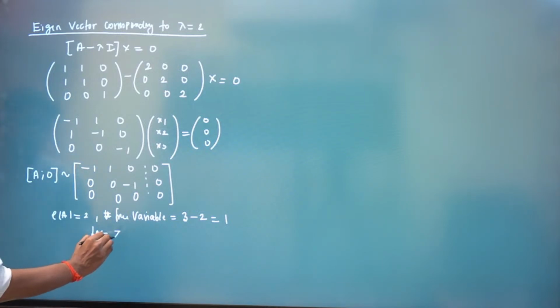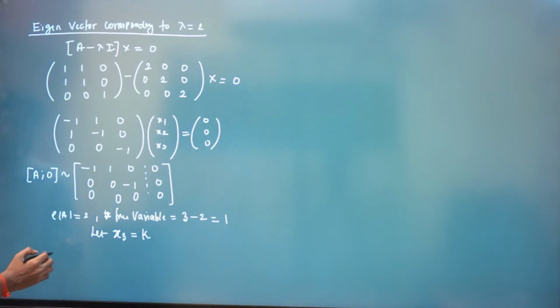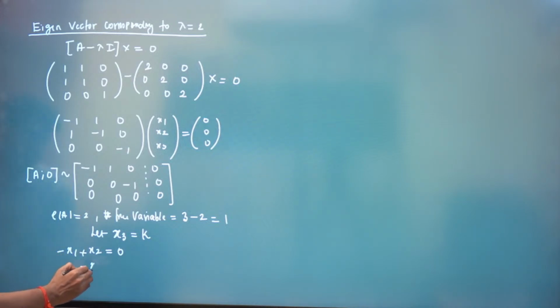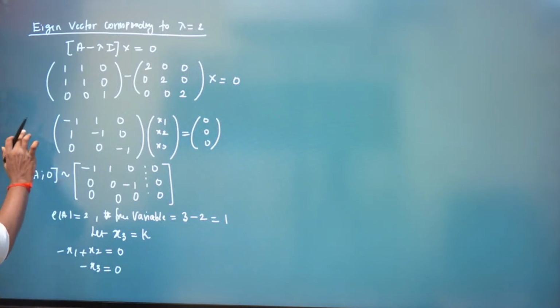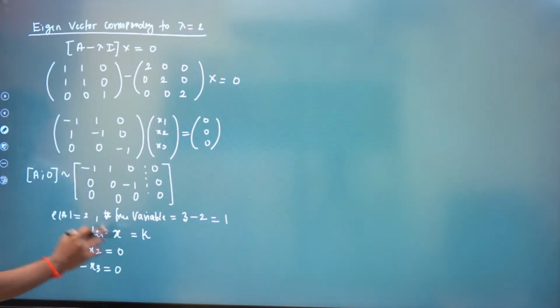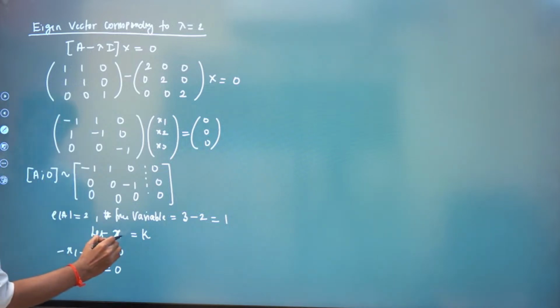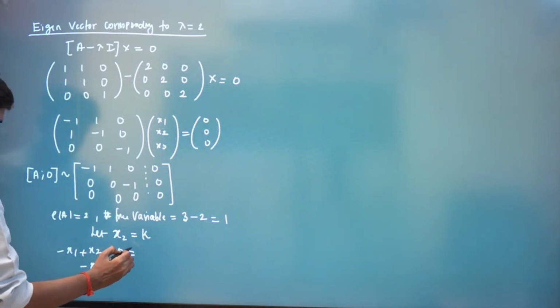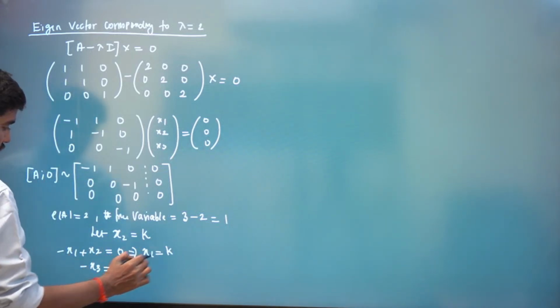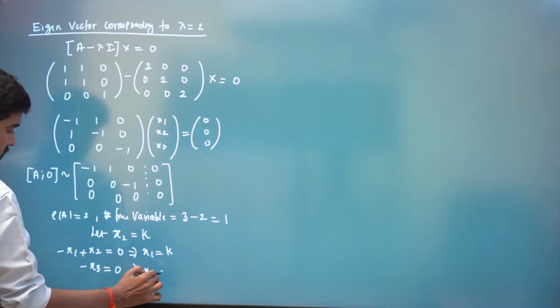Let us assume x3 to be k. The equations are minus x1 plus x2 is equal to 0, and minus x3 is equal to 0. Let us assume x2 to be equal to k. So this means our x1 is also k and our x3 is 0.